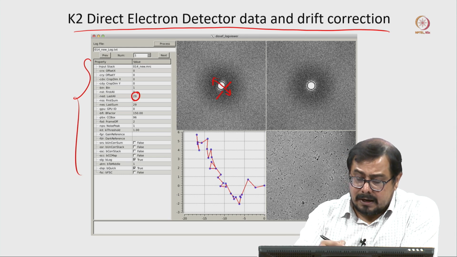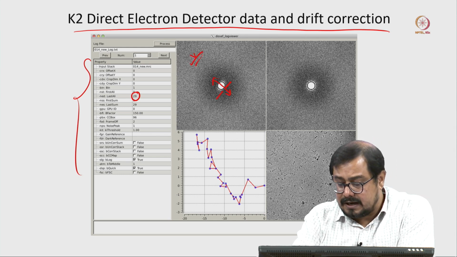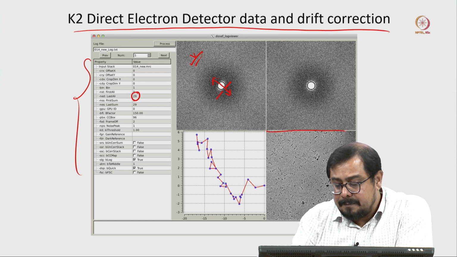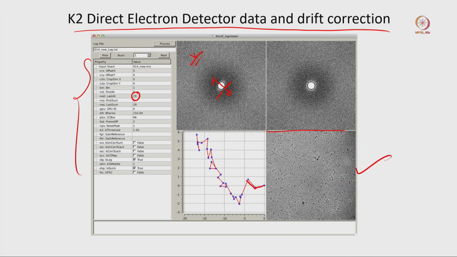In this particular case, this is before correcting the drift, so drift is not corrected here. Here it is after correcting, and you can see the individual frames' motion. This is the first frame, then the second frame, third frame, and how they move from one frame to the other. This is very unpredictable; we cannot predict in which direction it is going to correct.